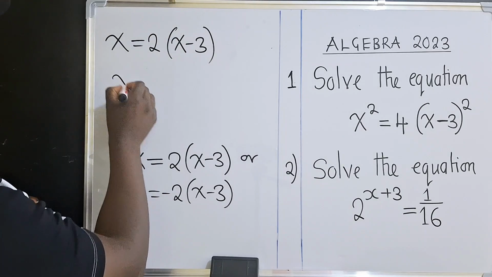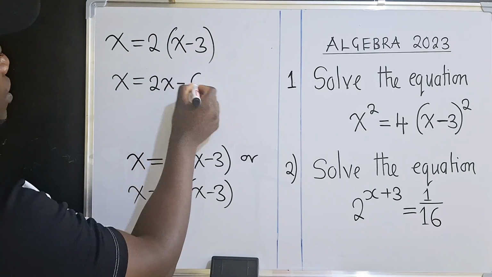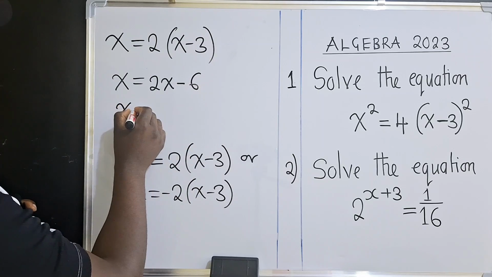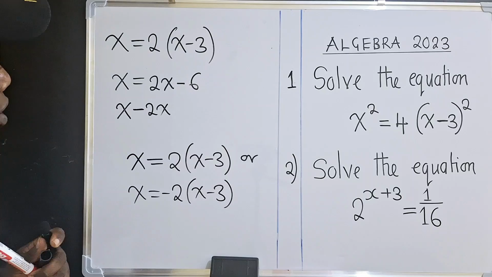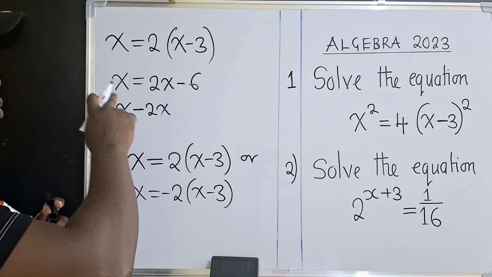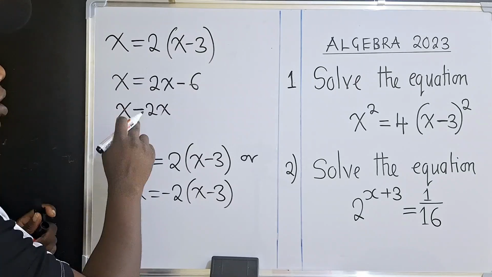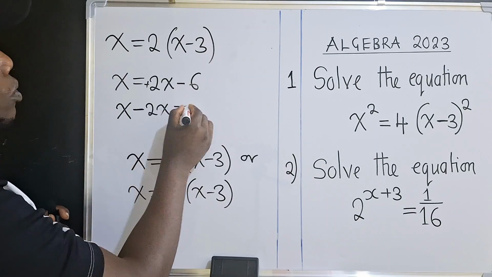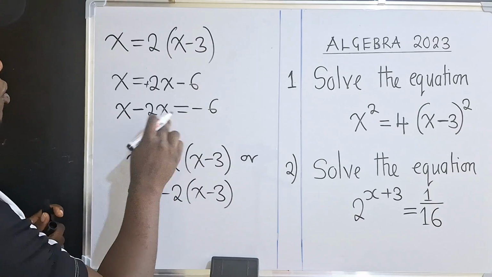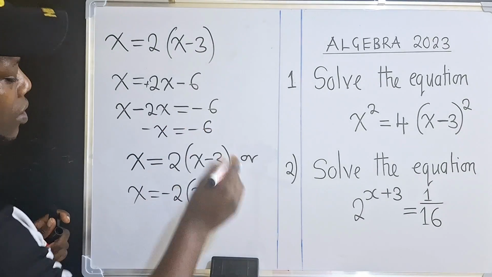So we shall say x = 2x - 6. x - 2x: you can see we want to group the like terms, so whatever has x will come this side. It was positive here, it's now minus, which is equal to -6. When we work it out, we're getting -x = -6.